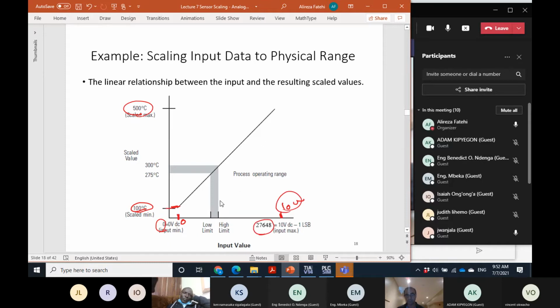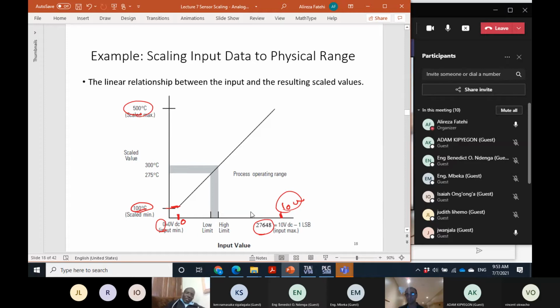So the relation is between the physical variable, which we call the scale value or the physical value, and the input value. The input value is voltage from the electric signal point of view and is binary from the data point of view.